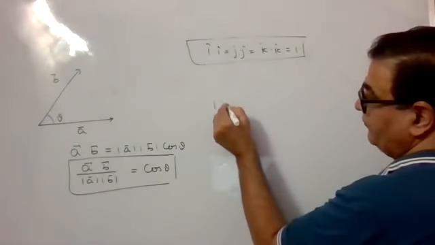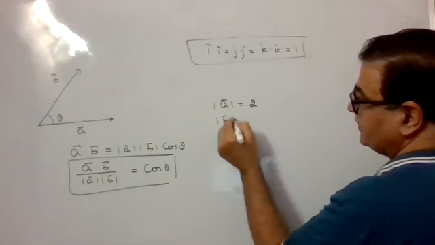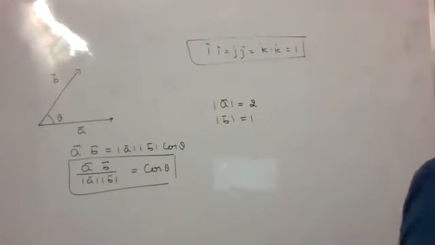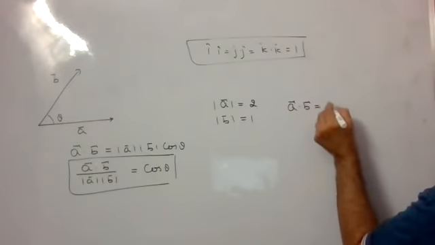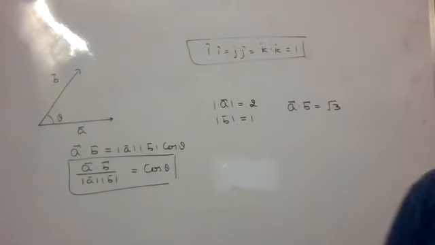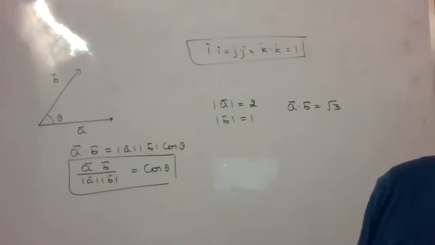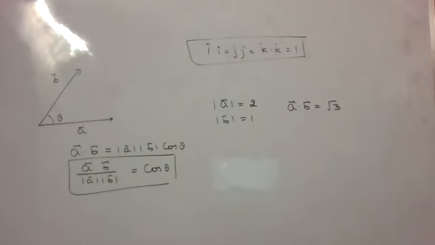So two vectors are given, A and B. The first has magnitude 2, the other has magnitude 1. And A dot B is given as root 3. My question is, what is the angle between the two vectors? I think you can calculate easily.